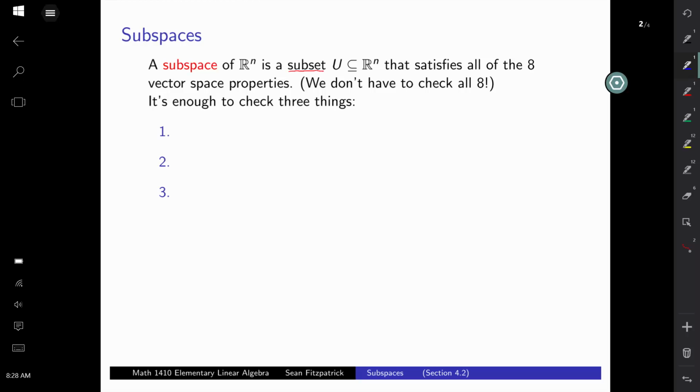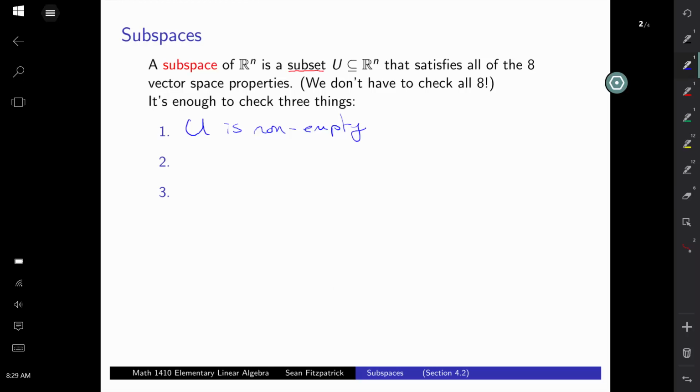And it turns out that the only thing that can really go wrong is that you add 2 vectors that are in your subset and you end up with something that is no longer in the subset, or you multiply by a scalar and you get something which is no longer in the subset. So there's one base condition, which is that U has to be non-empty.